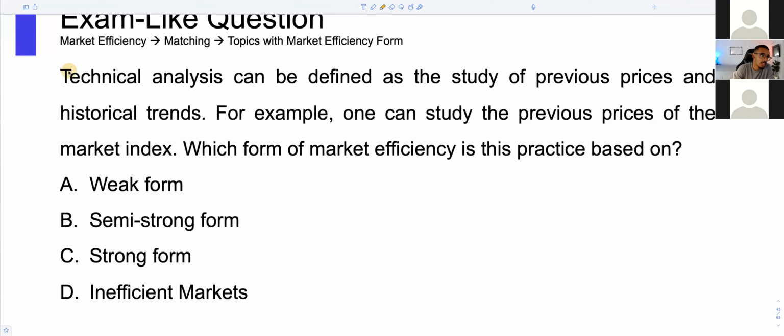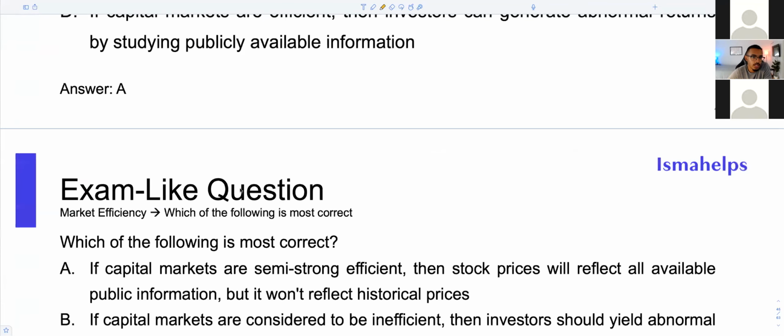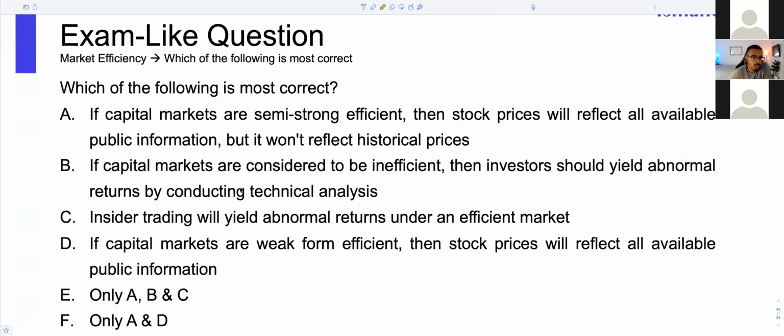You guys remember what I said at the beginning of our market efficiency section? You would know where this should go. Exactly. Pretty straightforward stuff. So A, very easy. That's like one of our matching questions. And then I'm going to go with this one.